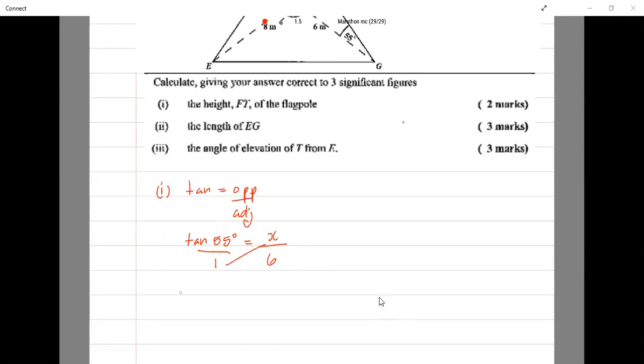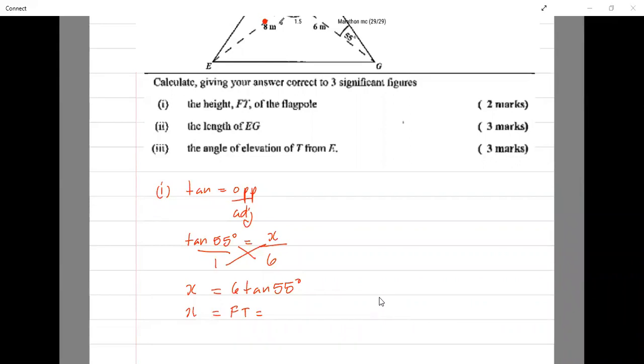So 1 times X is X, equal to 6 tan 55 degrees. Therefore, X, which is FT, is equal to 6 tan 55 degrees.